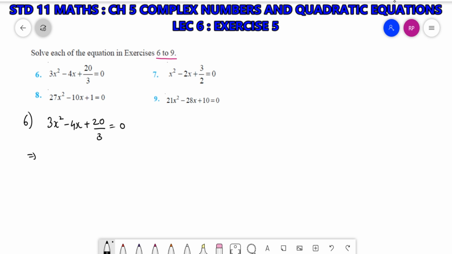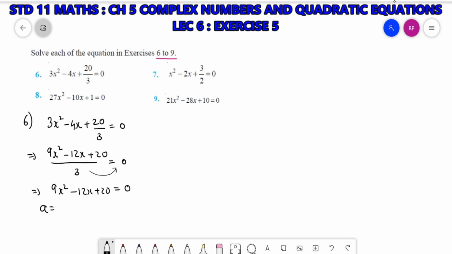So let's take the LCM, that will be 9x square minus 12x plus 20 by 3 equal to 0. So that implies 9x square minus 12x plus 20, when 3 is multiplied by 0, will be equal to 0.